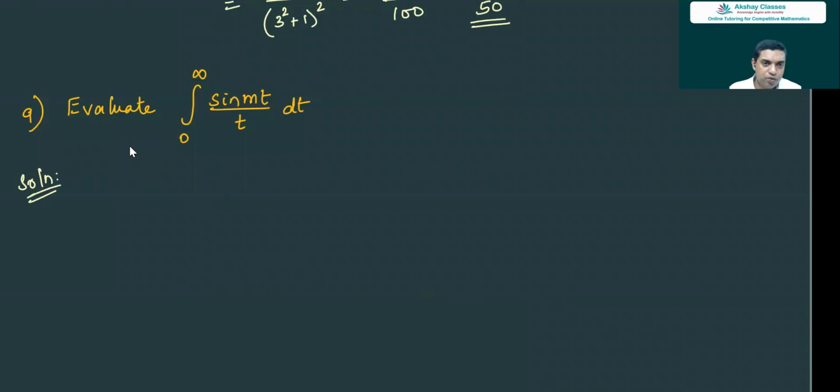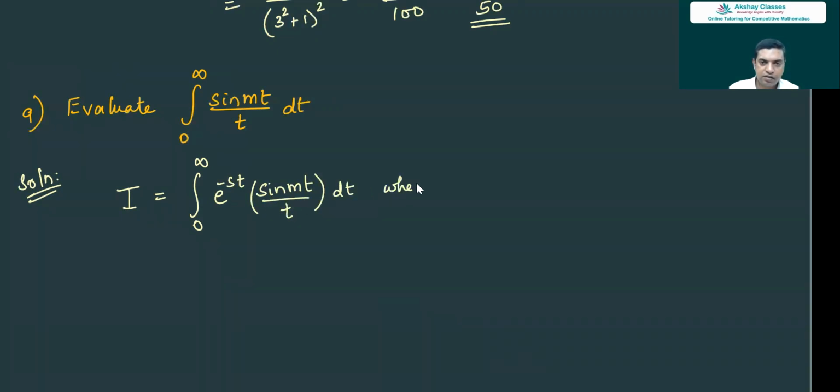What we can do is take this as e power st and e power minus st, putting s as 0. So this integral is the same as the integral 0 to infinity e power minus st into sine mt upon t dt, where s equal to 0.